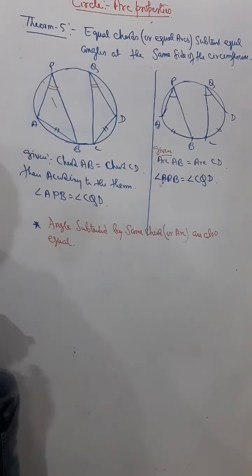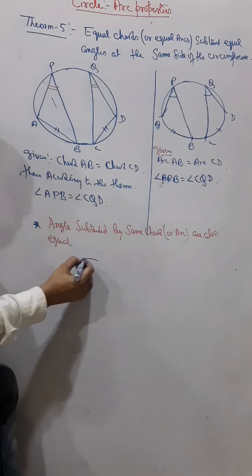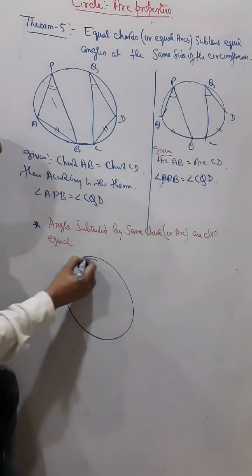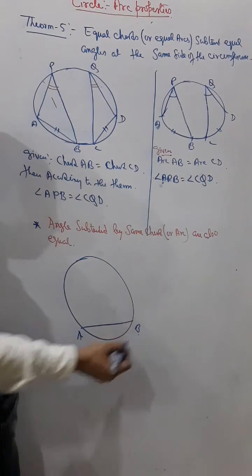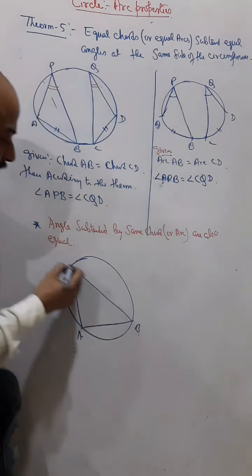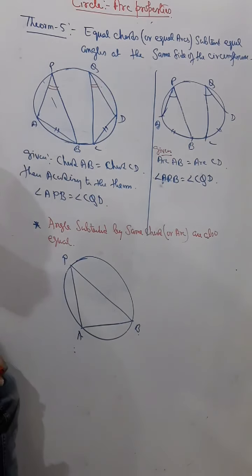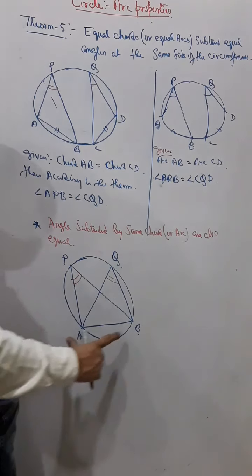So that means if this is a chord AB, then suppose this is subtending this angle, and if it subtends any other angle, then this angle will be equal to this angle, because this is same chord.